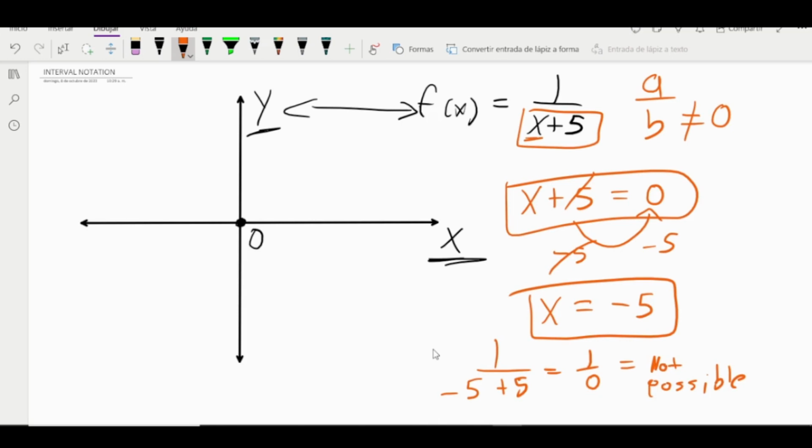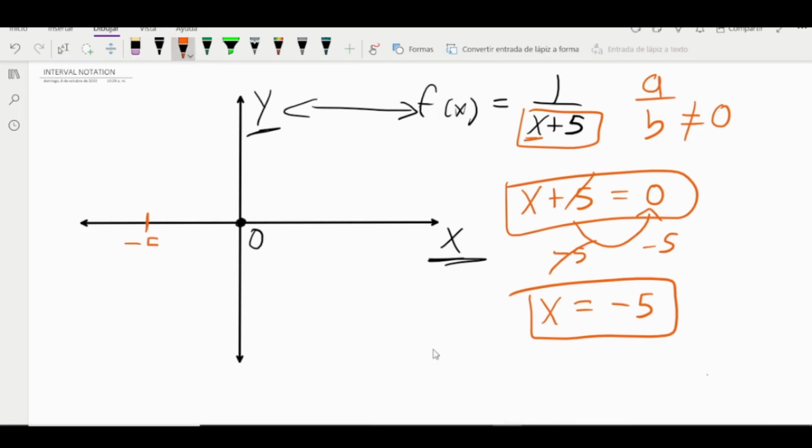We need to identify what values of x are going to create the 0. So let's say that we already found the value of x that makes this function undefined. It's minus 5.